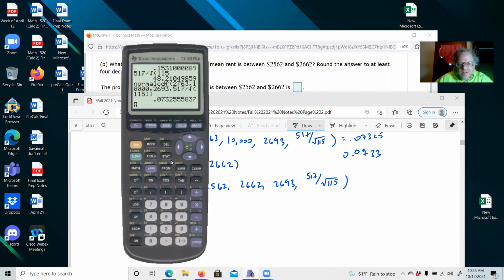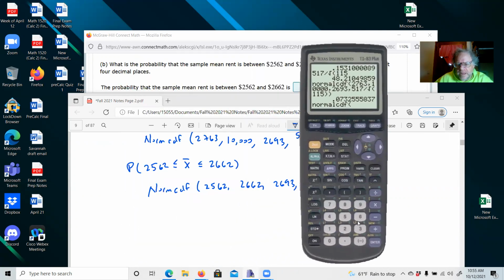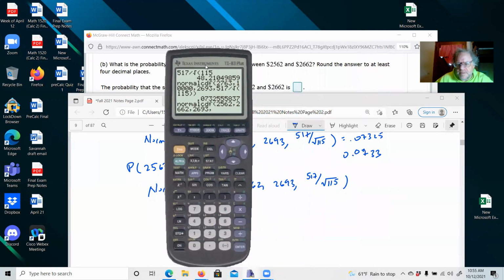That's going to be norm CDF: 2562, comma, 2662, comma, 2693, comma, 517 divided by the square root of 115. One parenthesis for the square root, one parenthesis for the CDF.